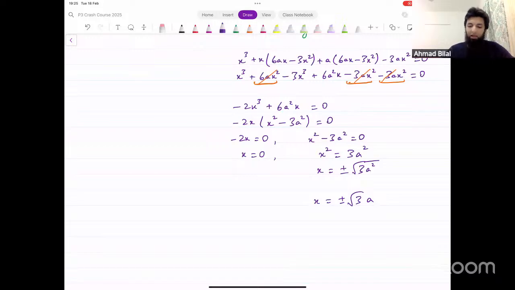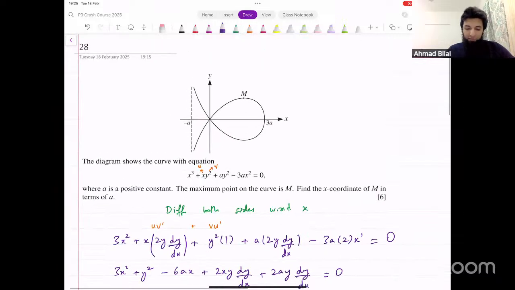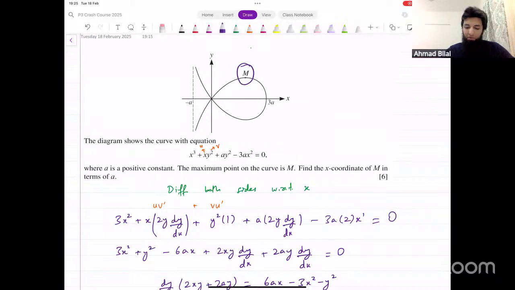All right. Now, what were we looking for? We were looking for the coordinates of the point M, the x coordinate of the point M. Now, that's on the right side. That's supposed to be something that is positive, right? X coordinate is supposed to be positive. We know that a is a positive constant.